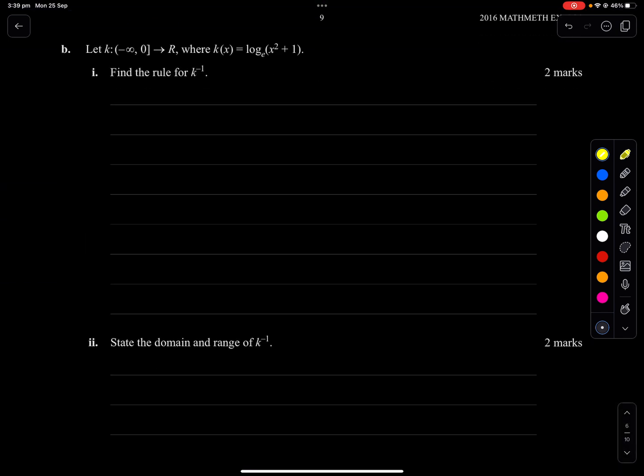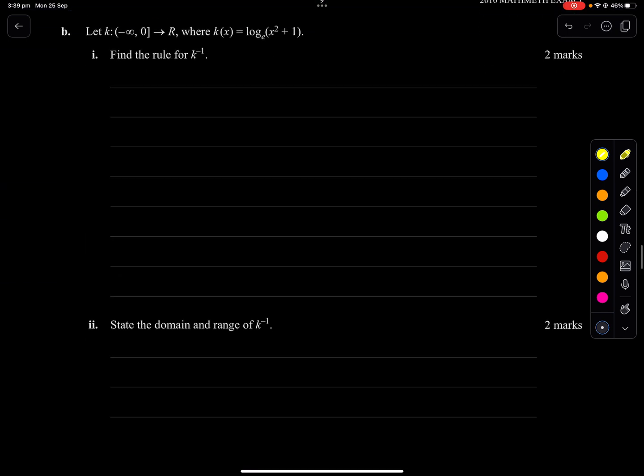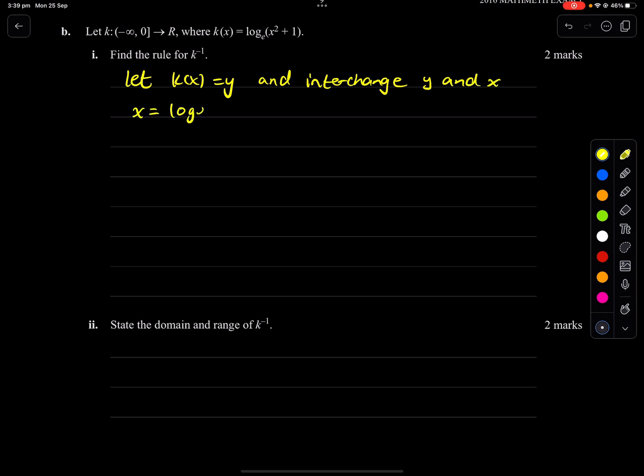Let k be from negative infinity to 0, where k is this. Find the rule for k inverse. So we want to first say, let k of x equal y, and interchange y and x. So we can say x equals log e of y squared plus 1.